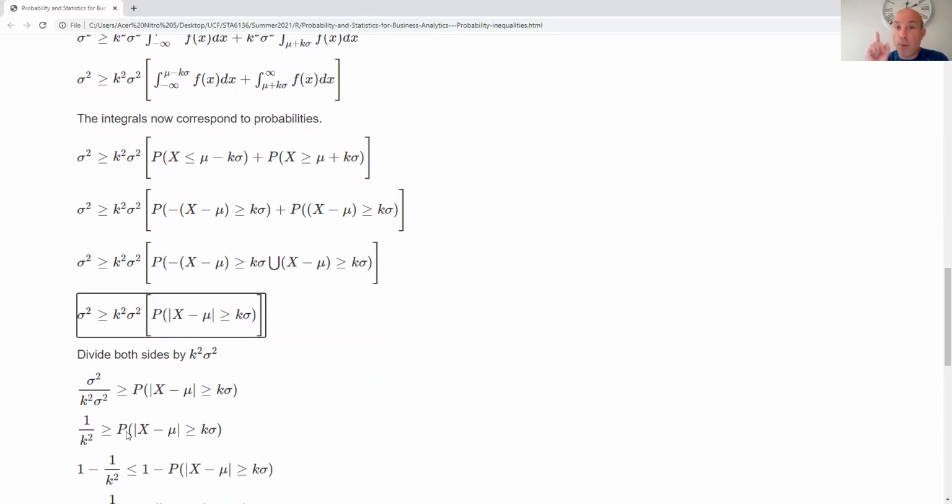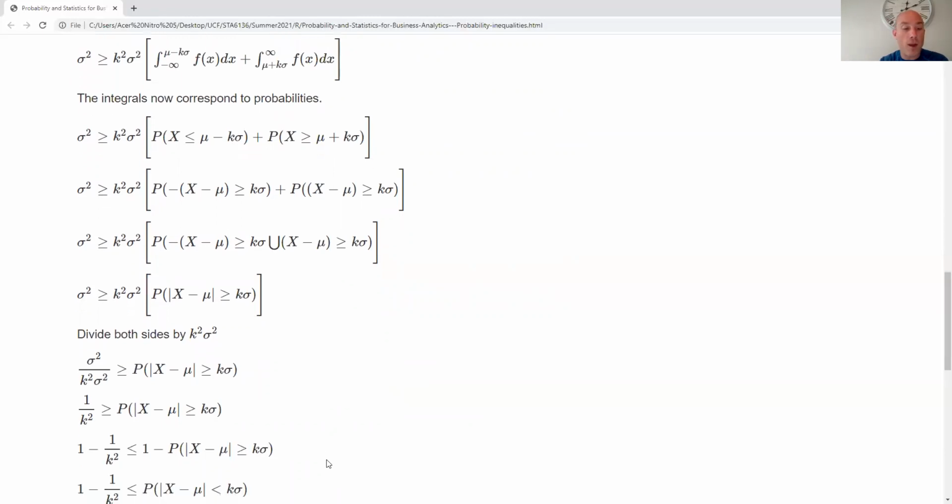Now remember, when I multiply both sides of an inequality by a negative, the inequality flips. So I can go 1 minus 1 over k squared, 1 minus the probability, and I flip the inequality when I multiply by the negative sign.